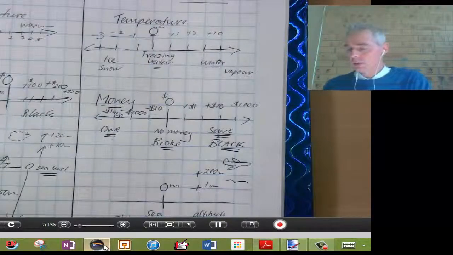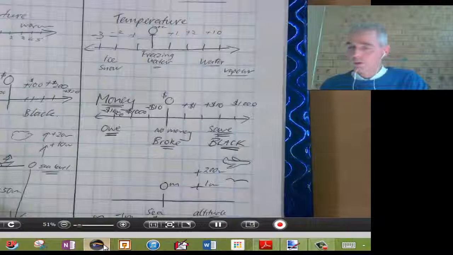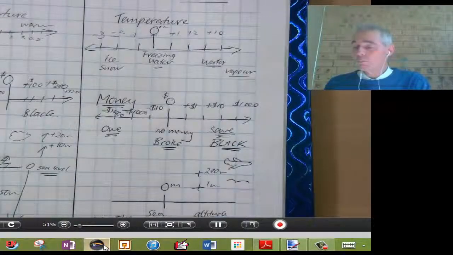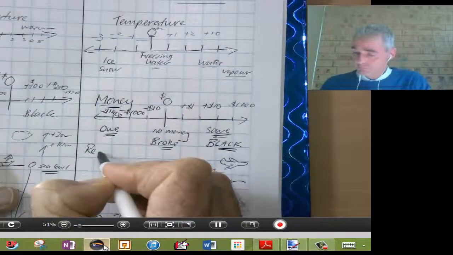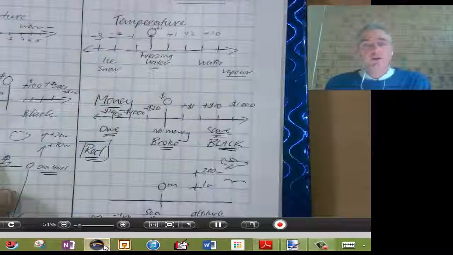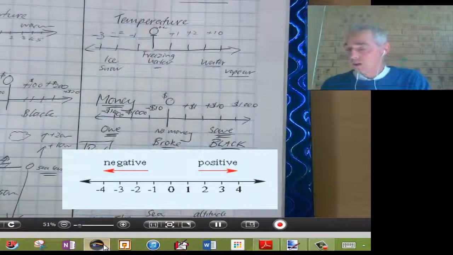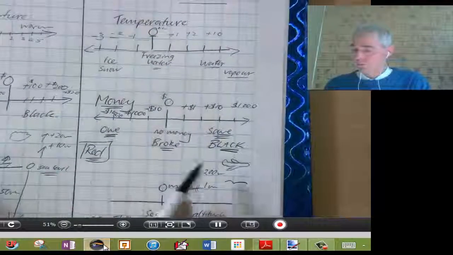We need to do that a lot when we're taking out loans for houses, for cars, all sorts of things. Many people have loans and they owe money back to banks. They are what's called in the red. Wrong colour, but the words there, they're in the red because that red pen used to be written down in the bank's books to say this person owes money. So they have the red and black.